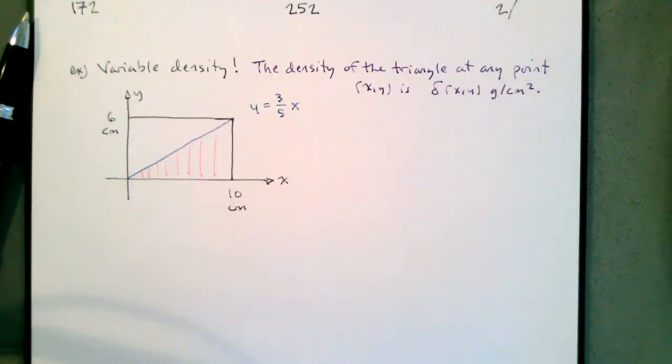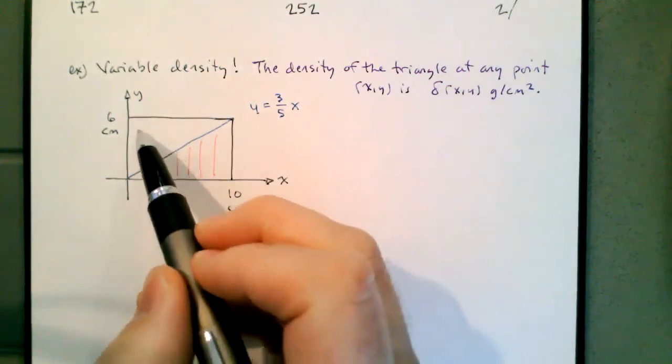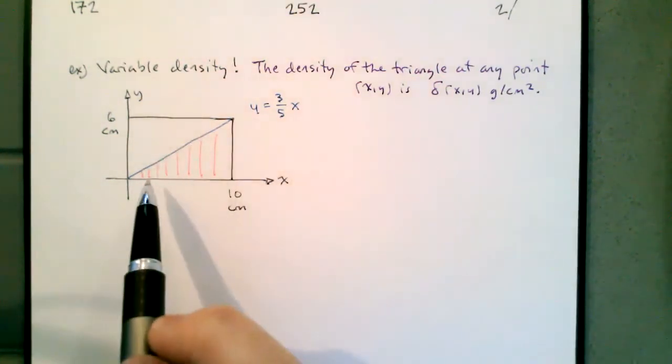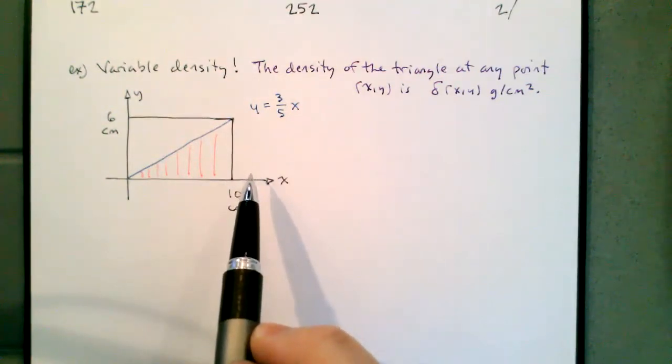Now we have to make sure that we can describe this region. The bottom triangle, not just any triangle, because the density is different in the top triangle because the density varies with x and y. It doesn't just vary in the x direction, like a single variable calculus problem.